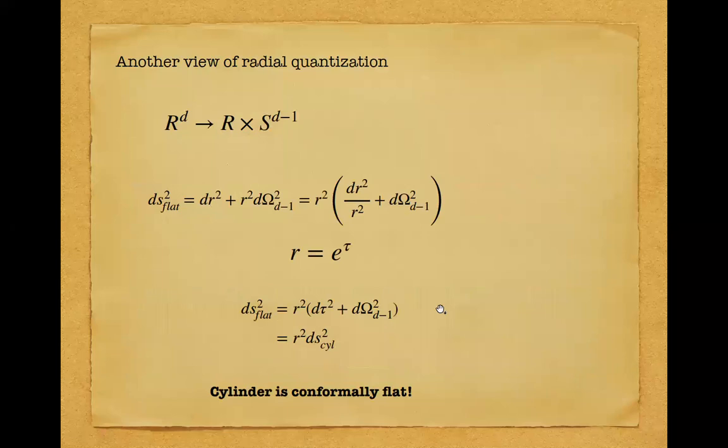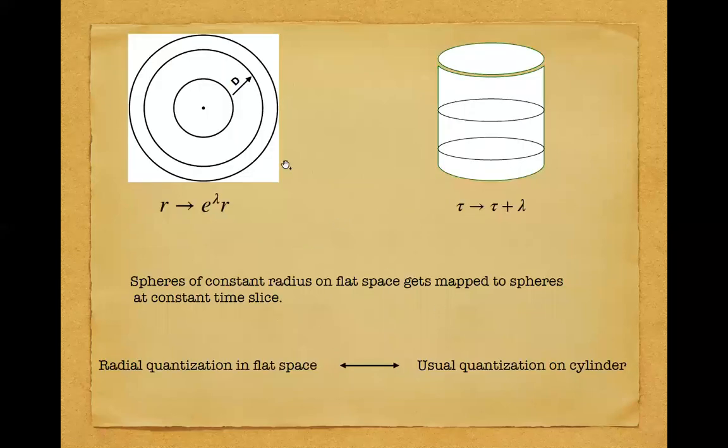All right, so you can see why we do this. Till now, suppose you had a sphere of radius r, and you evolve with this operator. Then basically what you are doing is rescaling r to some e to the power lambda times r, right?